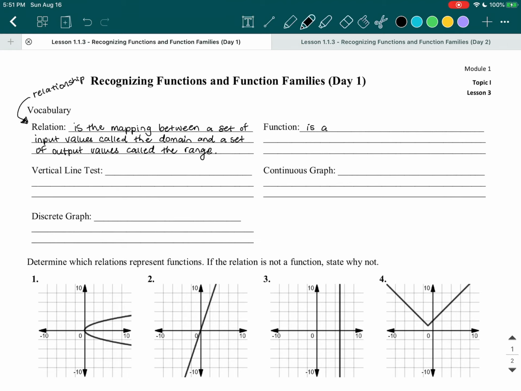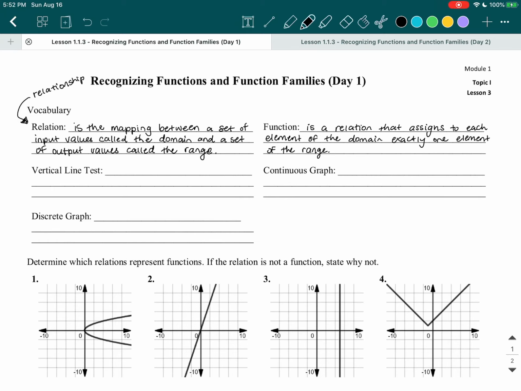Okay, now let's get on to function. A function is a relation, so it's a type of relation that assigns to each element of the domain exactly one element of the range.